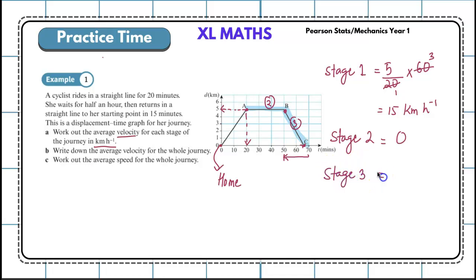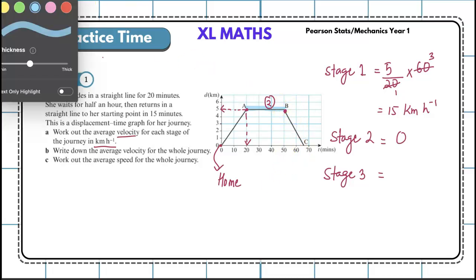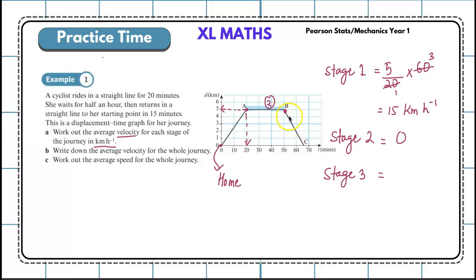Stage 3 is from B to C. So if I just remove everything, we have to focus on B to C. From B to C, C is the end point. So 0 minus 5 will give you minus 5 over, what's the time taken? The time is 10 minutes and 5, like 15 minutes.